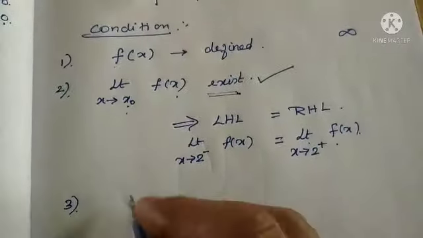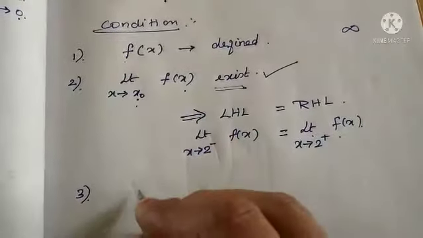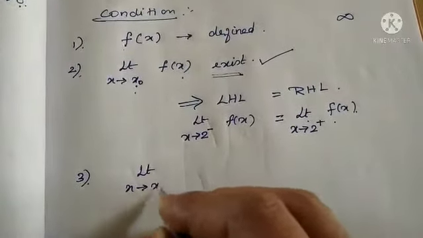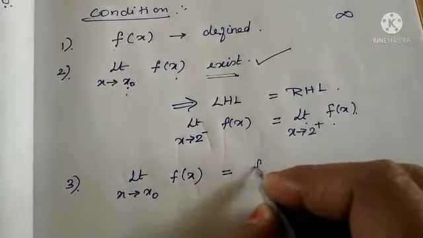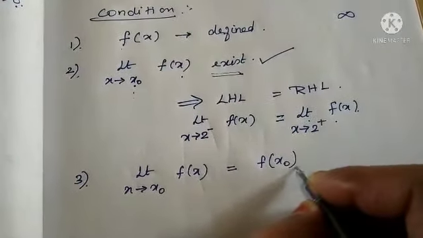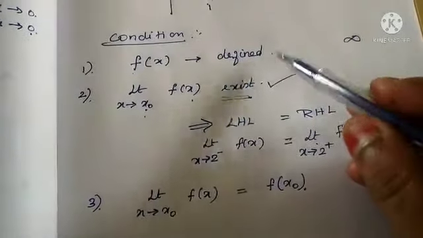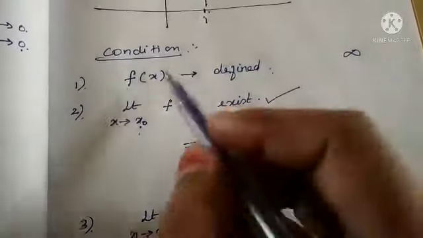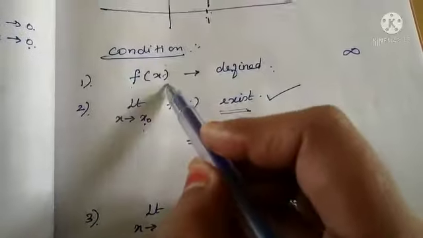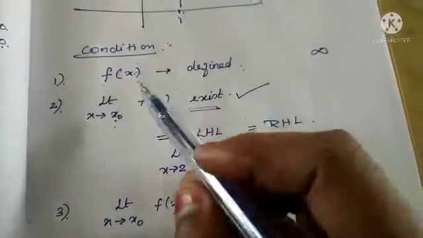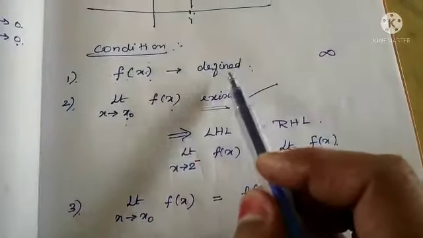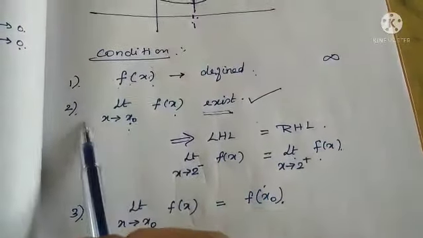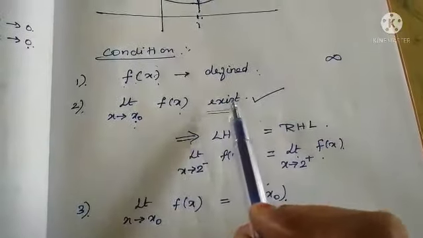Third condition, this limit value, limit x tends to x naught f of x, should be equal to f at x naught. Clear? So these are the three conditions for any function to be continuous. I just repeat again. First condition, f of x should be a well-defined curve. Second, limit value should exist.